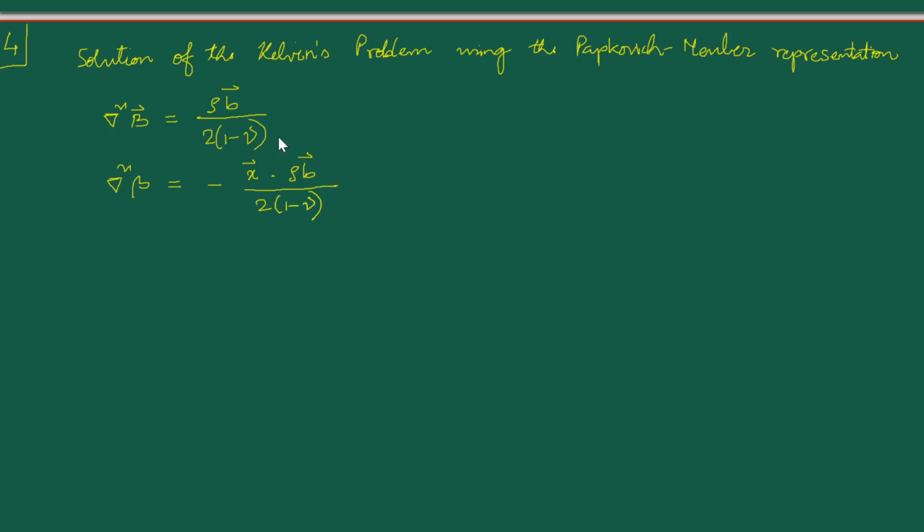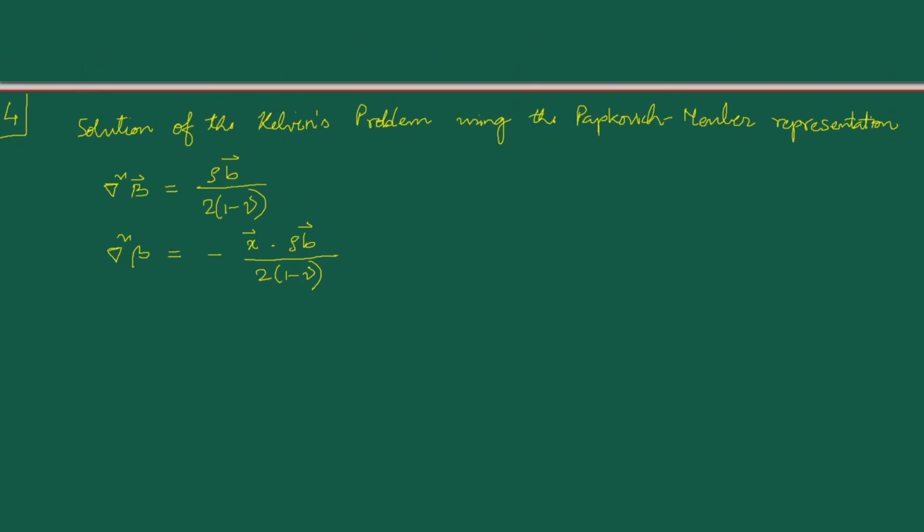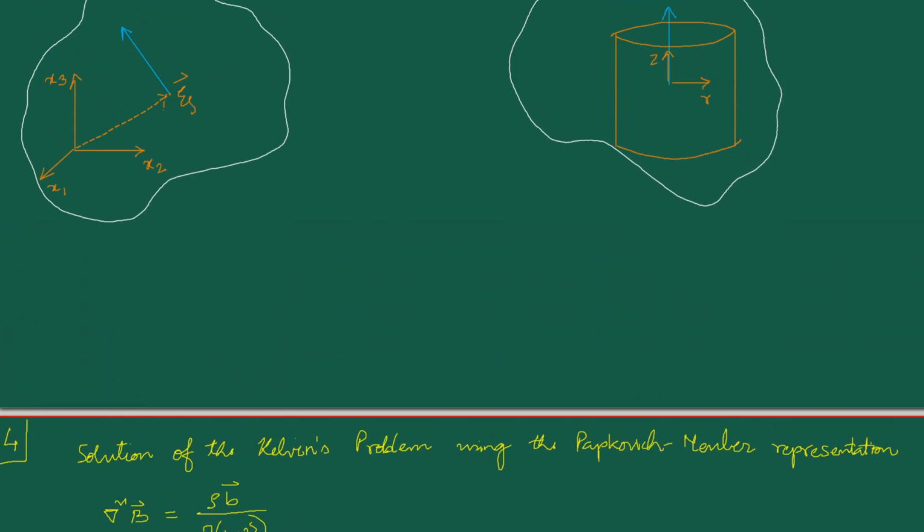This rho b vector here is the body force. This is the general representation of the body force, as we have been seeing from our chapter on stress. But now this body force must be made specific to the problem at hand, which is Kelvin's problem.